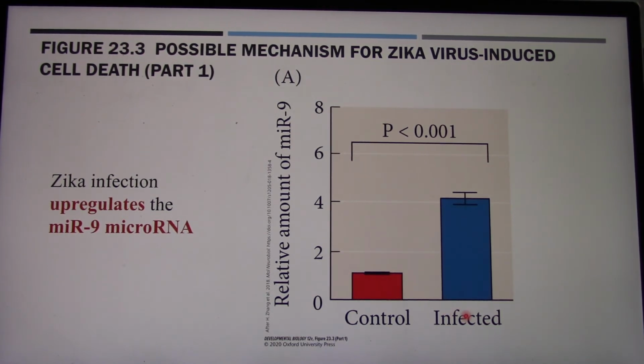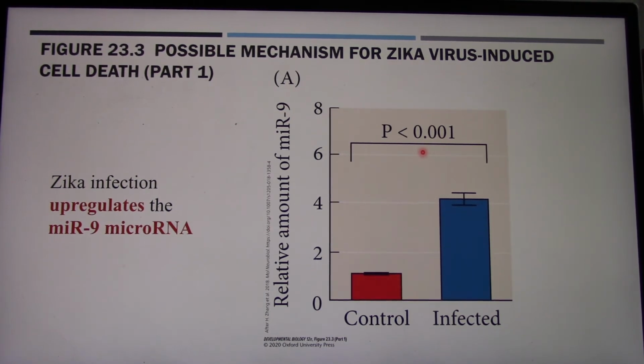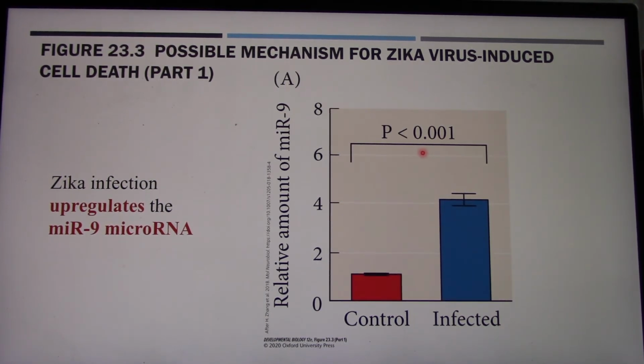In an infected baby's brain, you can see that it is significantly increased. It's 3 to 4 times greater in the infected individual, this expression of this microRNA. And this is a significant difference as indicated by the p-value here of 0.001. Anything that's 0.05 or less is considered significant.